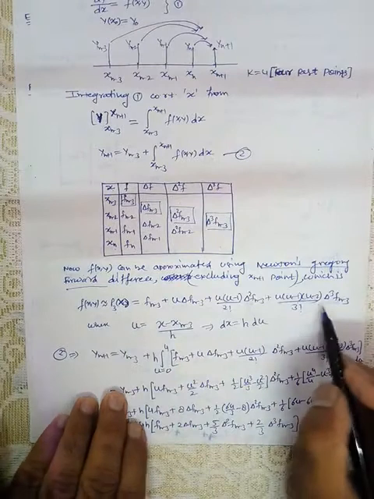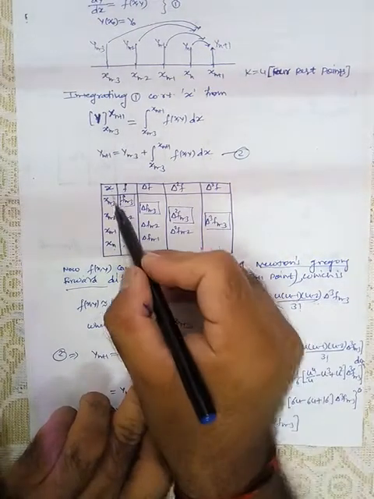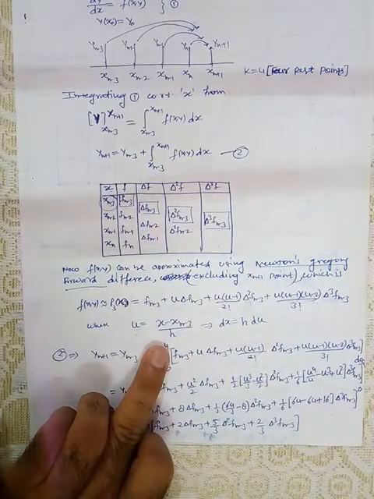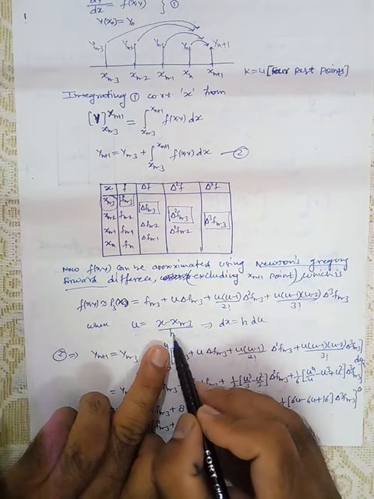Fine. Where u is given by x minus the origin point. The origin point is obviously here x n minus 3. So u is x minus x n minus 3 divided by h.